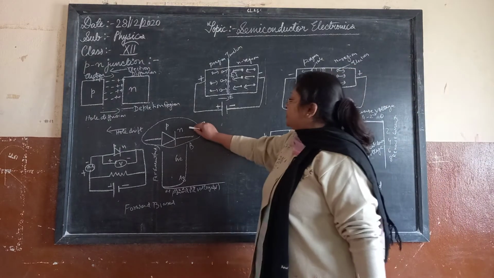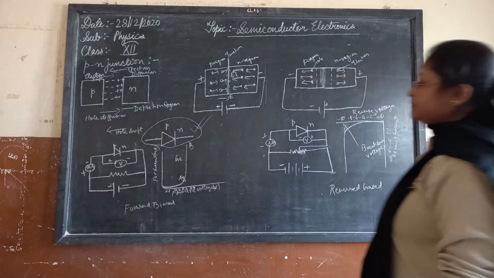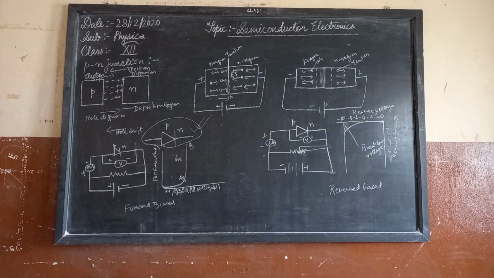So this is the p-n junction diode, formed from a doped semiconductor which is doped with some impurities. The word doped means it contains some kind of impurities, so you are aware of this.